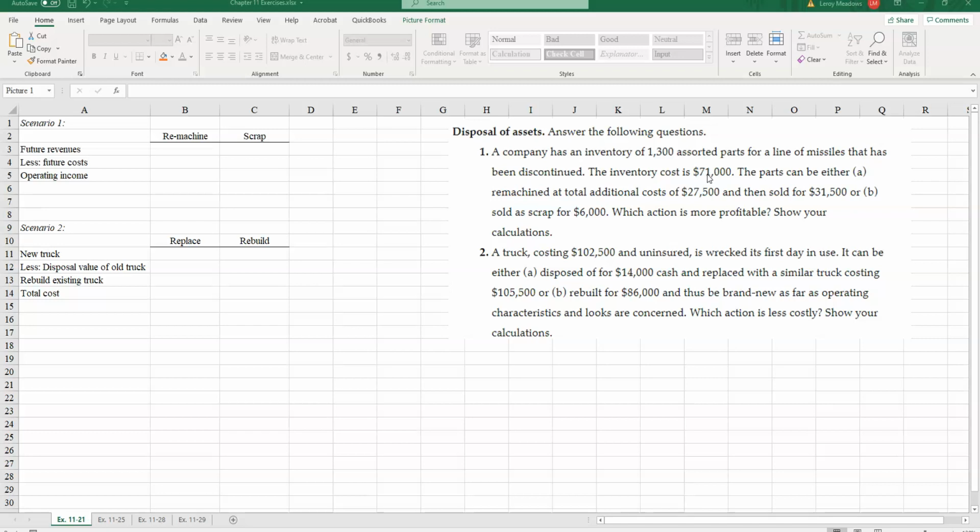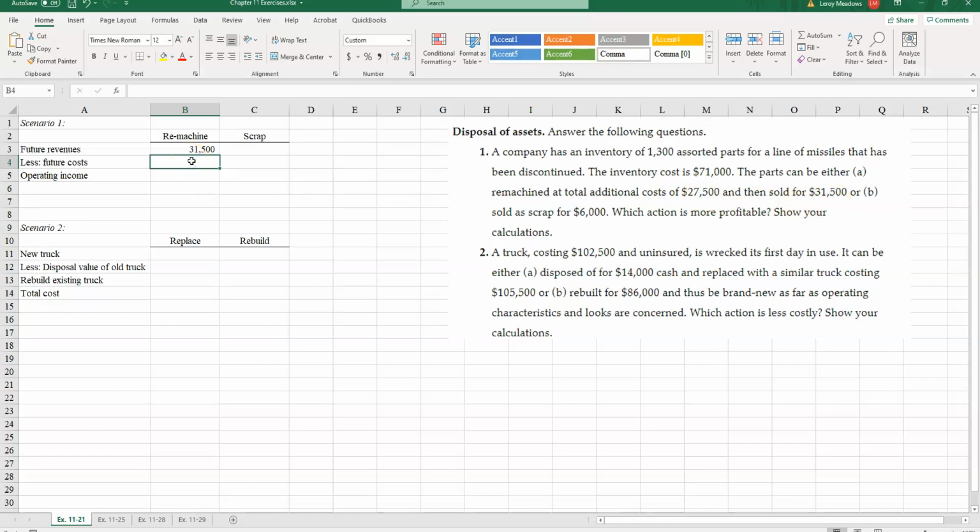So let's take a look at the rest of the information. If we're going to remachine these, that's one alternative, and remember we're going to choose among alternatives, we want to run the numbers. If I remachine this inventory, I'm going to sell it for $31,500. But it's going to cost me an additional $27,500 in order to be able to sell them for $31,500.